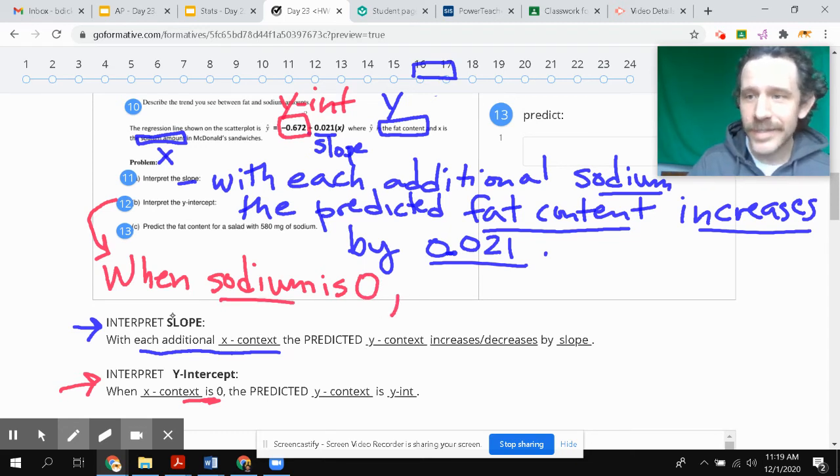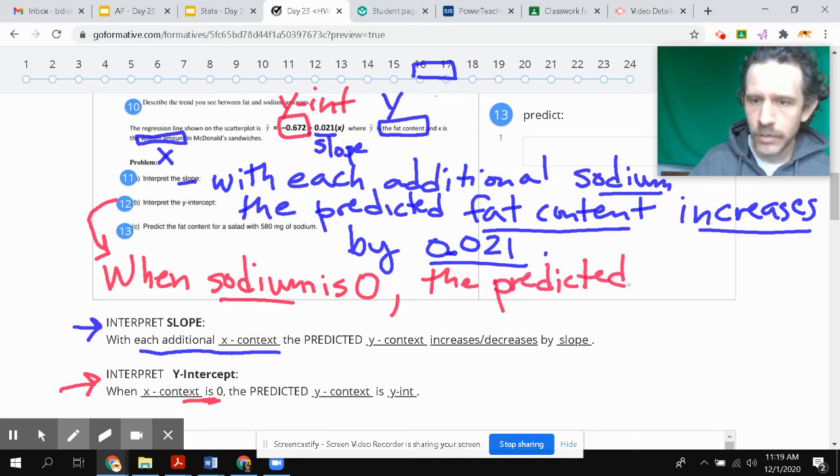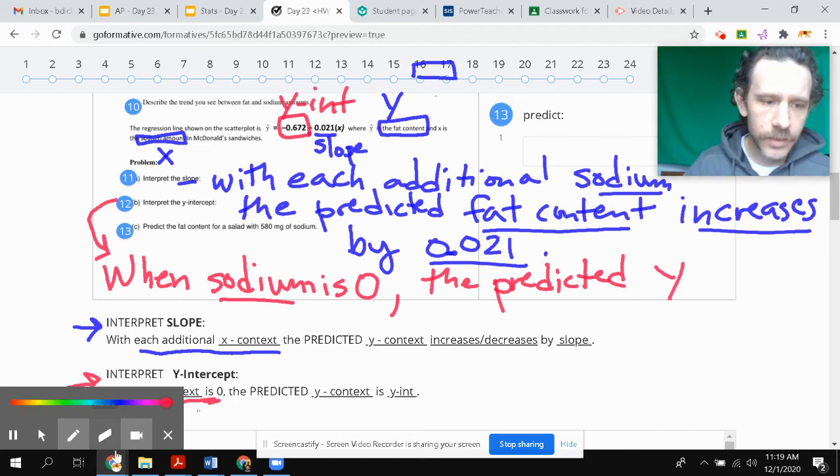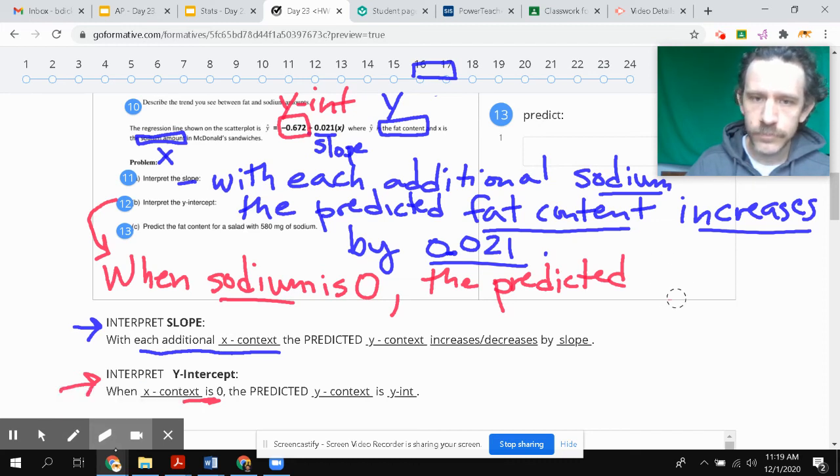That's the first part. This y is still a prediction. It's not an actual outcome. So we say the predicted y, but in this case, what is y? Y is fat content.